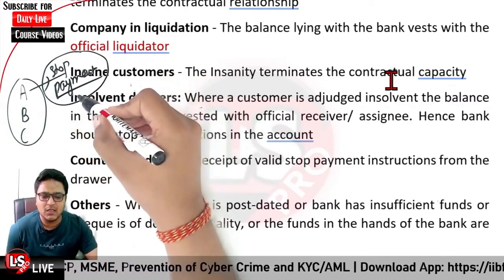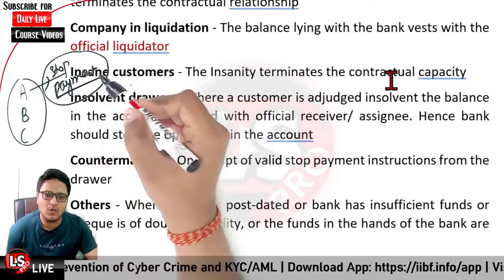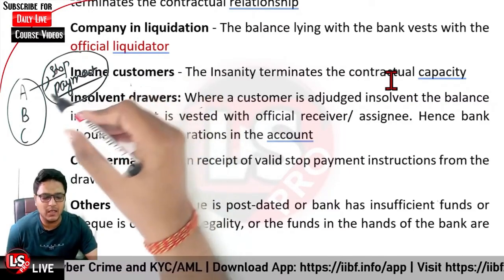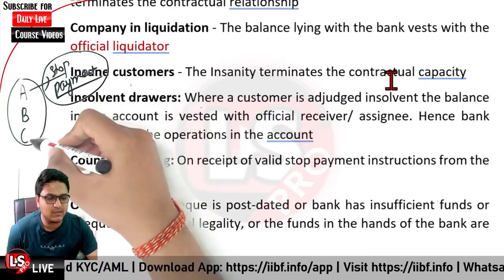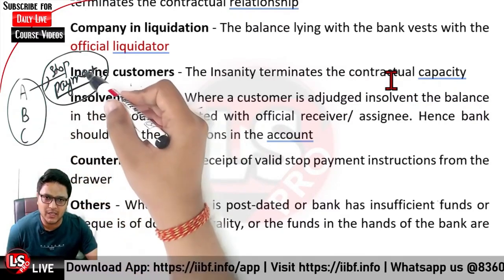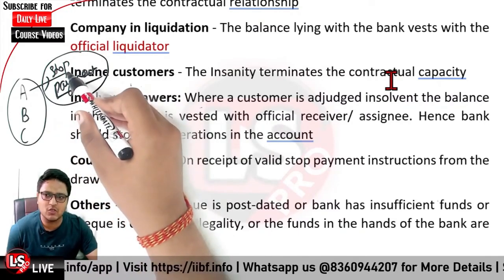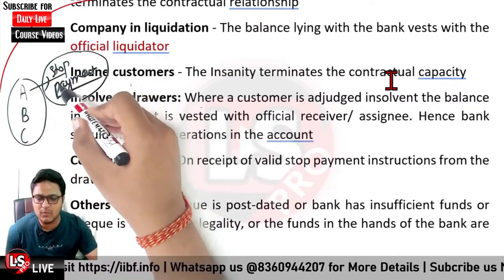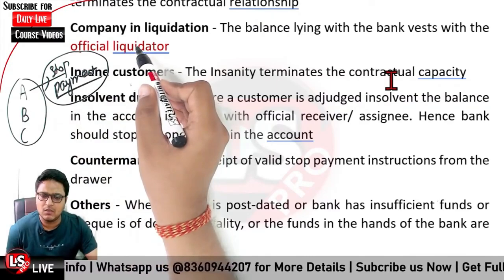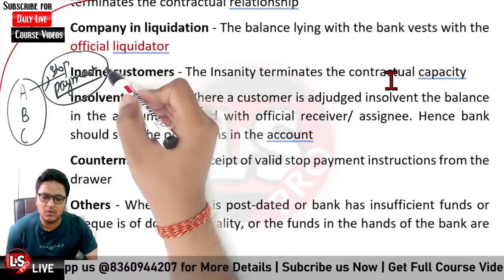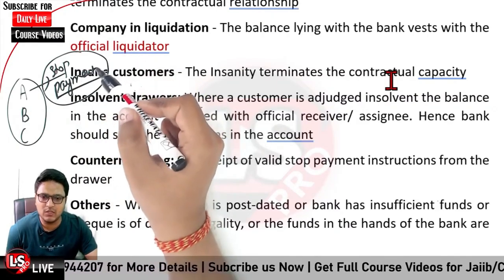In this case, should the check payment be stopped or not? I repeat, it is a partnership account where A, B and C jointly drew a check, but A individually gave the instructions regarding stop payment. Should the payment be stopped or not? Yes, the payment is to be stopped.